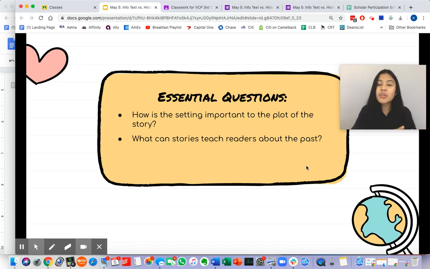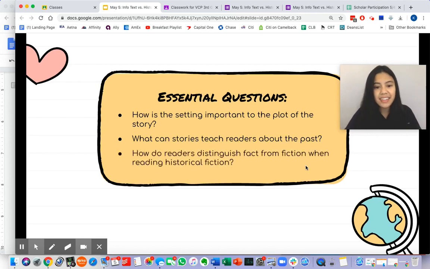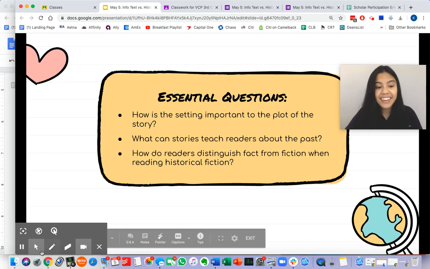What can these stories show us about what it was like living during that time in the 1940s in the Western United States? And today, we'll pay very close attention to this question. How do readers distinguish fact from fiction when reading historical fiction?